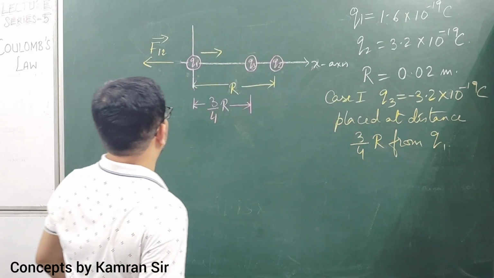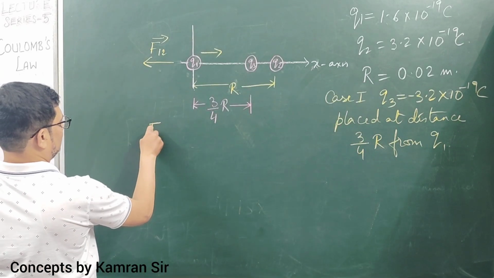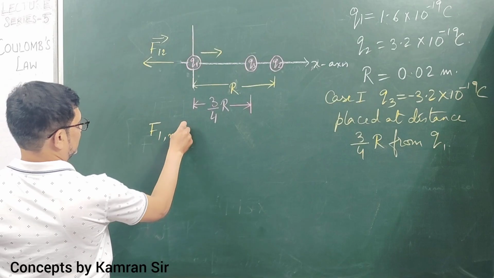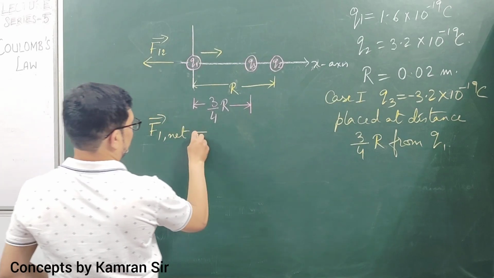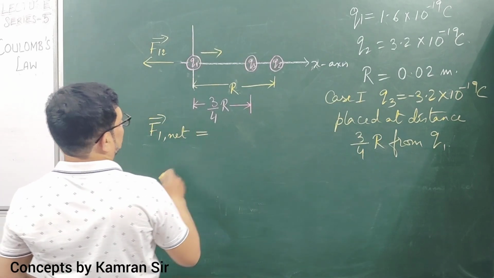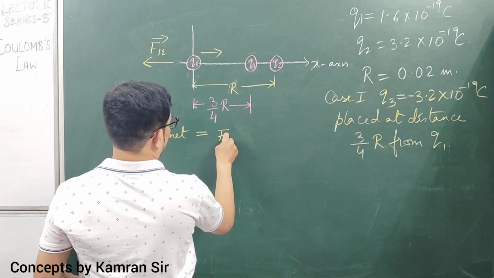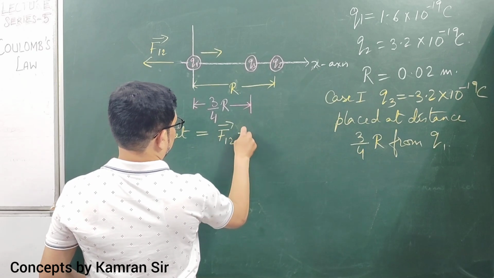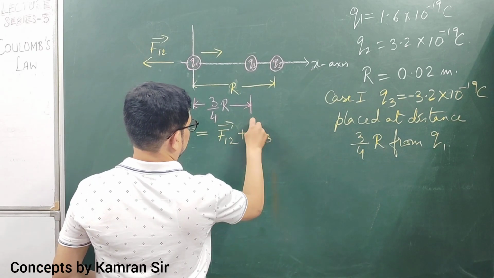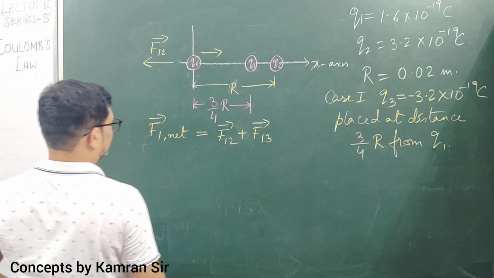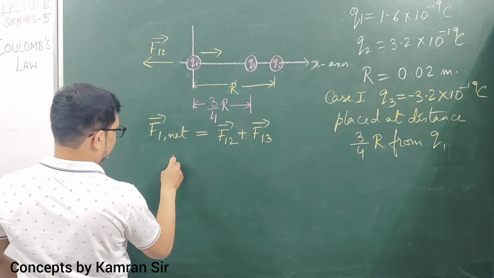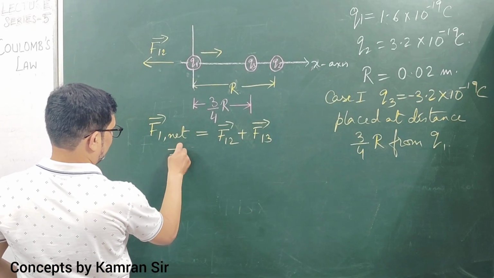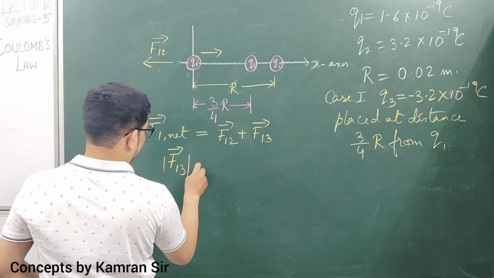So we are interested to find what is F1 net. Here F1 net would be equal to, by the superposition theorem, F12 plus F13. We already know what is F12. Let's try to find what is F13. So let's find the magnitude first.